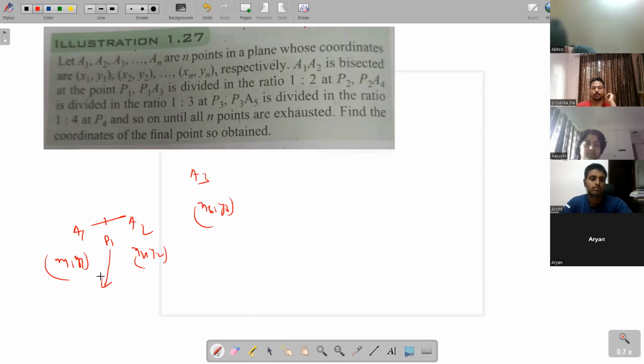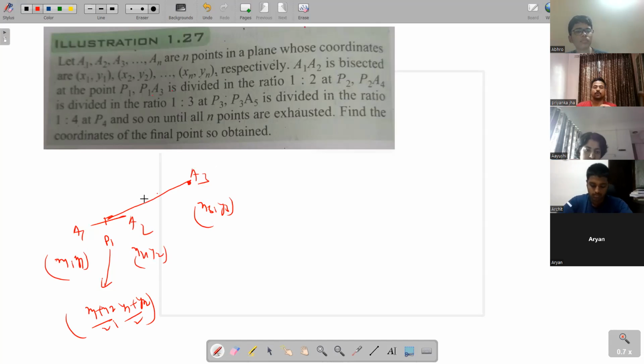So the coordinate of P1 will be (x1 plus x2) by 2, (y1 plus y2) by 2. Now, P1 A3 is divided in the ratio 1:2 at P2. Suppose P2 is a point on P1 A3. So it will divide this in 1:2. So find the coordinate of P2.